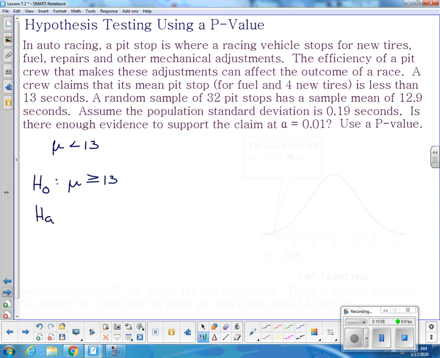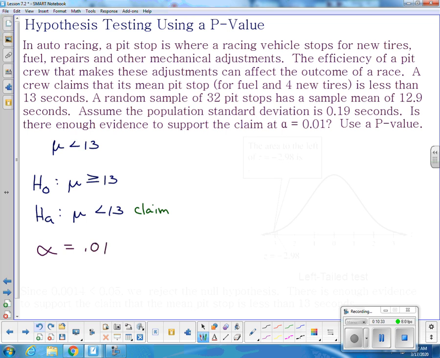That's also going to match the alternate. And I'm going to write claim here, because that's kind of important to know which one is the claim. Okay, then we are going to identify our significance level. They told me the significance level, my alpha is 0.01.